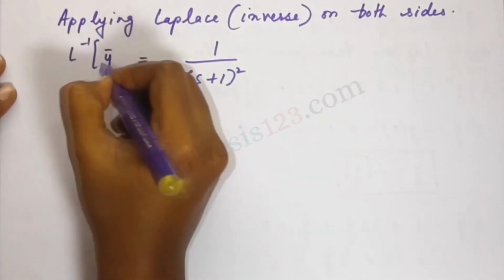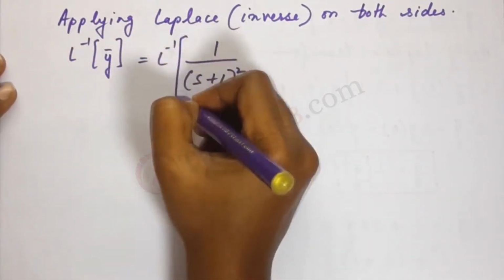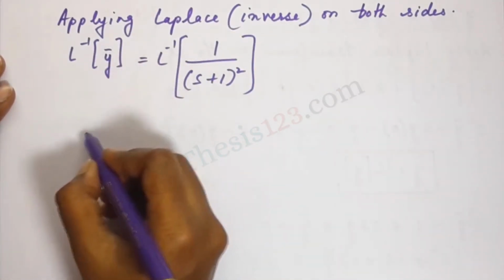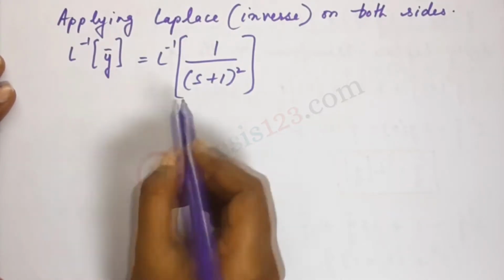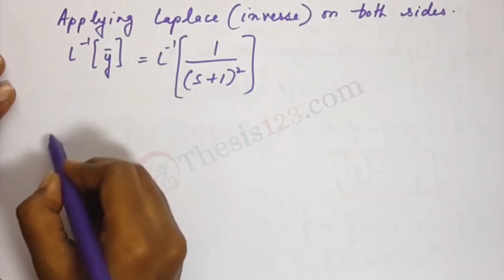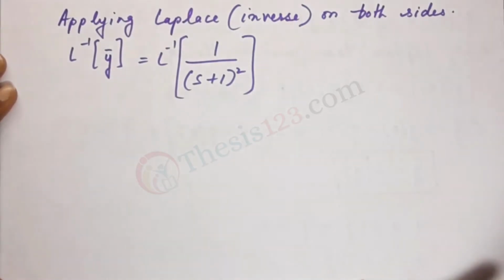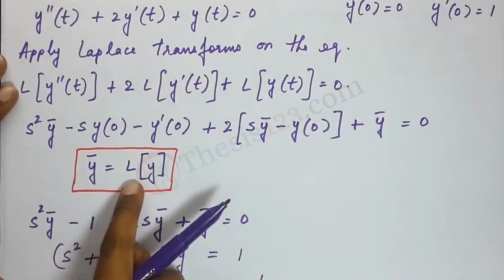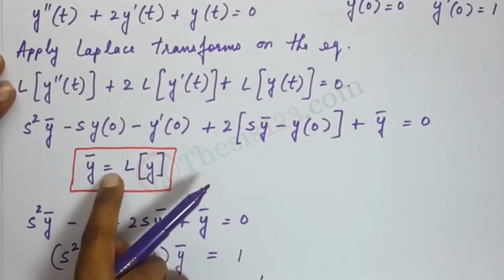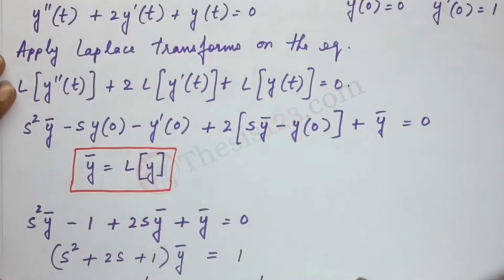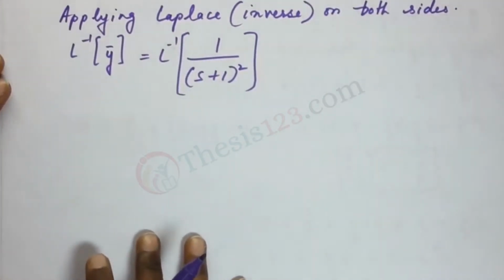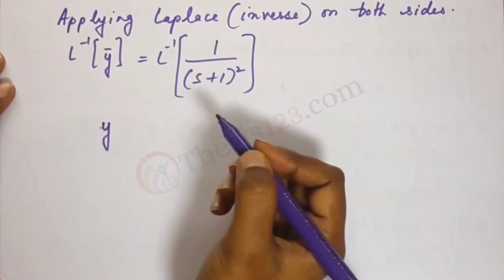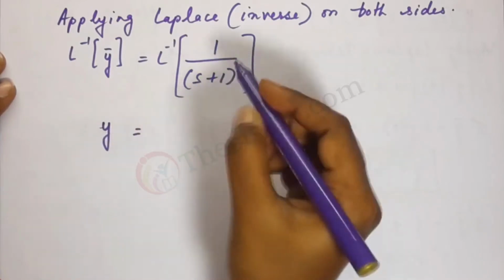So let's apply Laplace inverse to this. Laplace inverse of y bar is y of t. That's because, like I showed you here, y bar is Laplace of y. So L inverse of L of y is y. So L inverse of y bar is y, that's y of t is equal to.